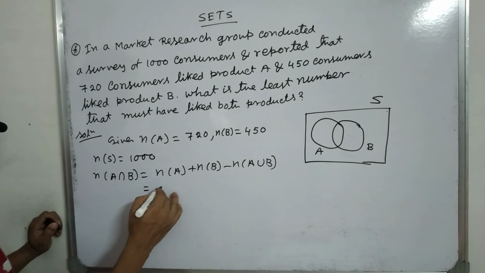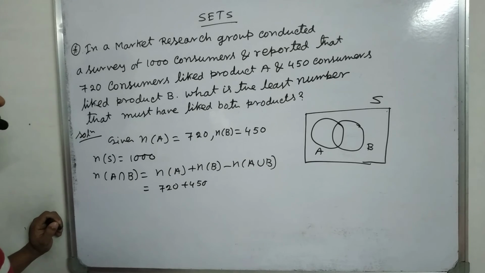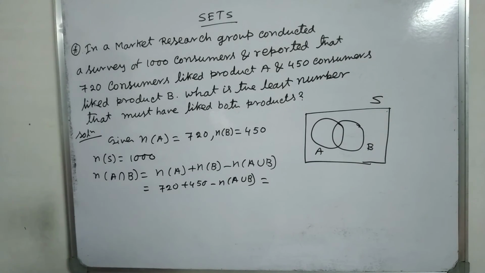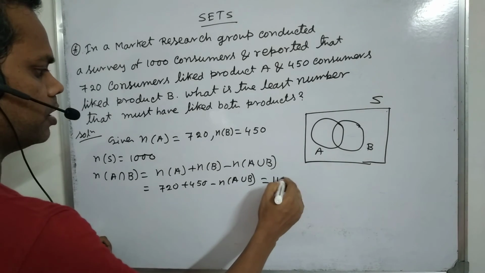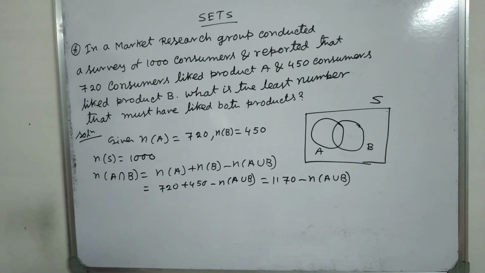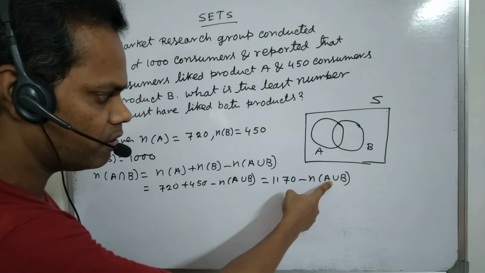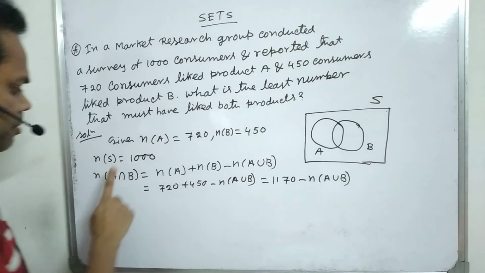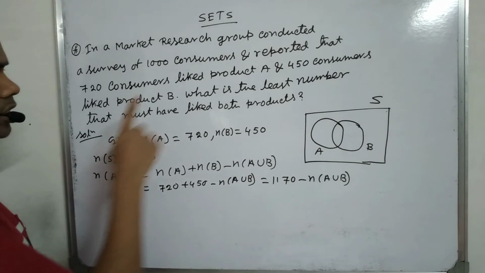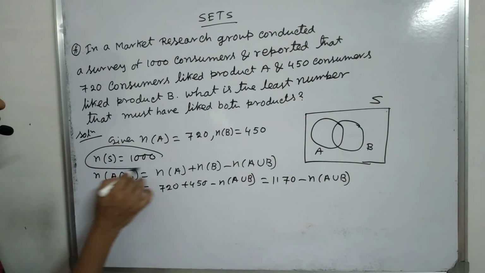Now n of A is 720, n of B is 450, minus n of A union B. 720 plus 450 is 1170 minus n of A union B. Now we have to find the minimum value of n of A intersection B. That means we have to use the maximum value of n of A union B. The maximum value of A union B is the universal set.